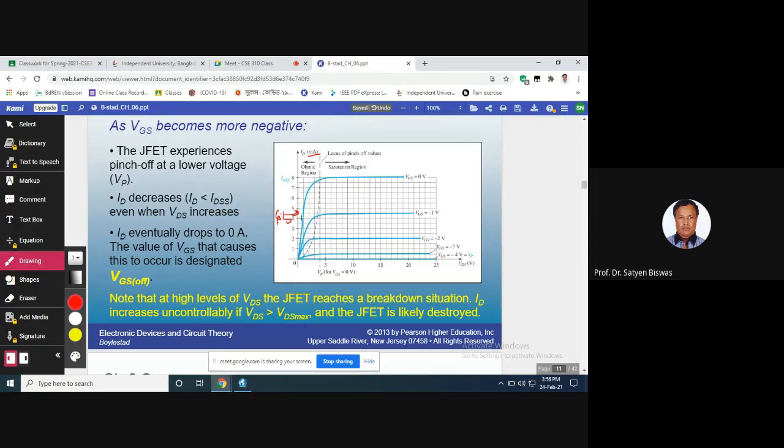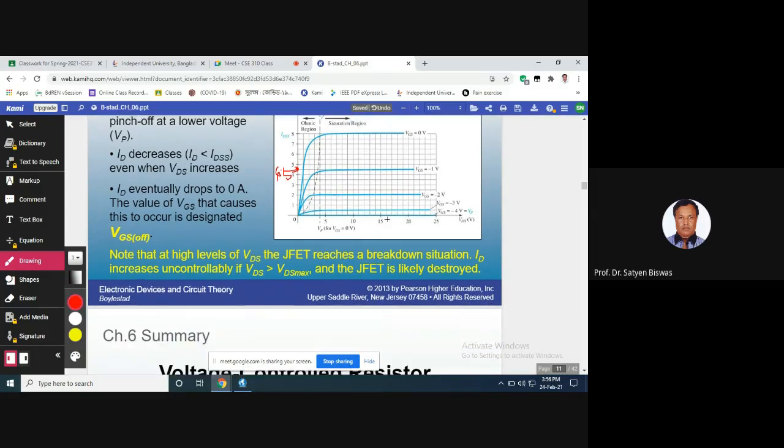It is further down, and if you go to VGS equal to -2, it will be further down, around 2 milliampere. And if VGS equal to -4, it will be just 0.5 milliampere, right? So from this curve we can get different values, and we will need it when we solve our problems. Then we use this curve.